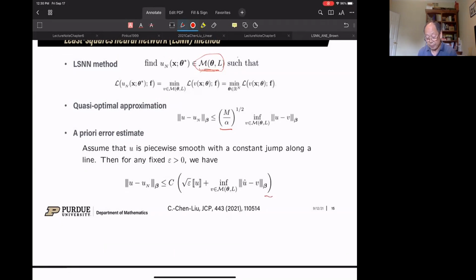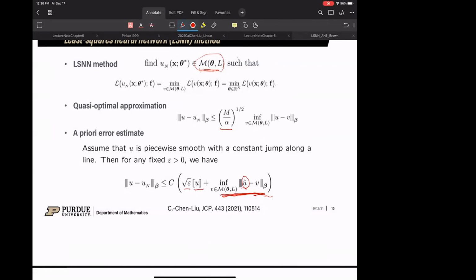If the solution is piecewise constant, and also the interface is constant along the direction, then we can show that the neural net approximation is bounded by something that depends on the approximation property, where U hat is the continuous part of U, and for the discontinuous part, epsilon is any positive number.